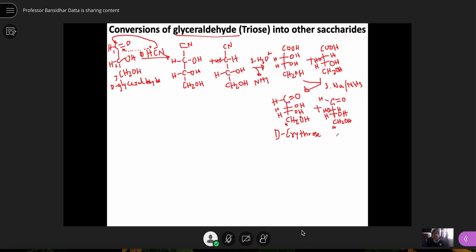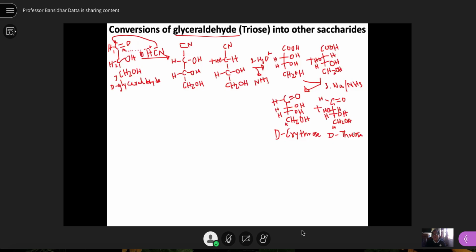What type of molecule are these? Remember, we started with the trioses. So trioses, what's the next? Tetroses. Trioses, then tetroses, absolutely right. Tetra is 4. Thank you. And so this is the tetrose family.